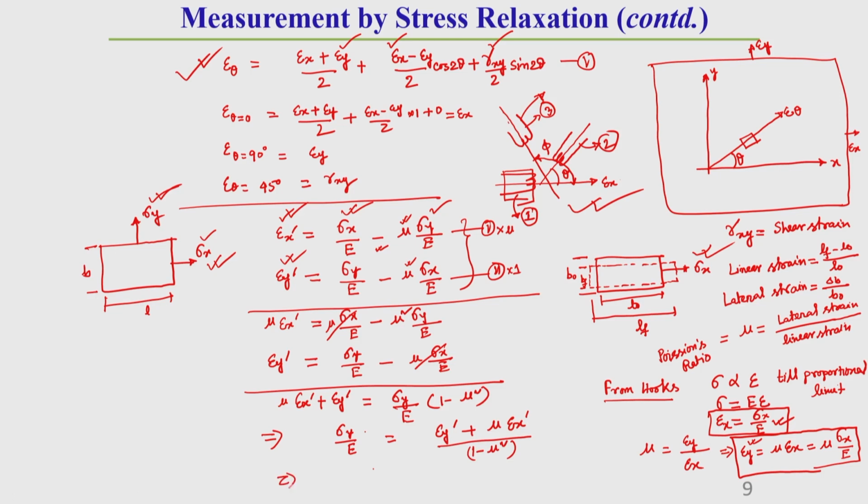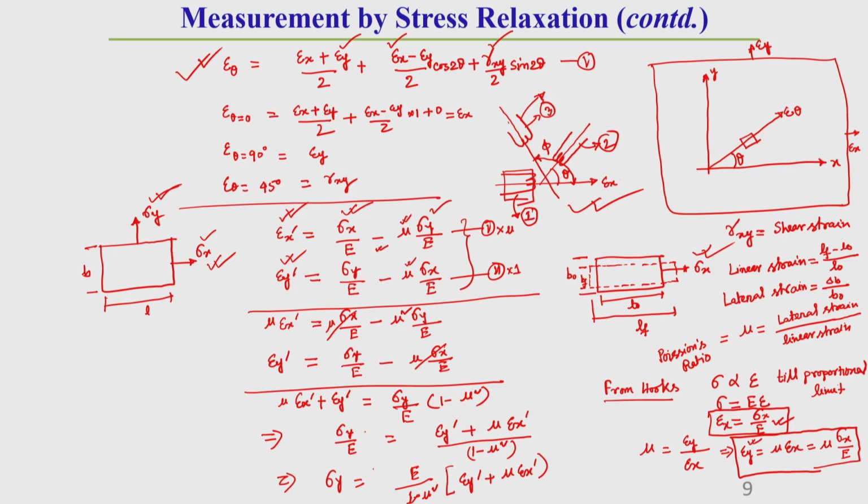So, from here you can easily get sigma y is equal to how much? E by 1 minus mu square into epsilon y dashed plus mu into epsilon x dashed. Okay. This is sigma y you are getting.